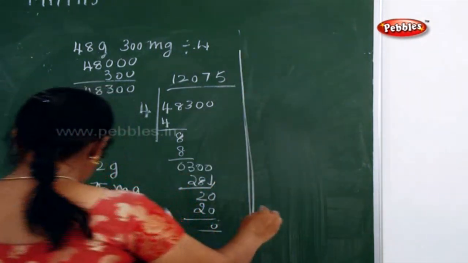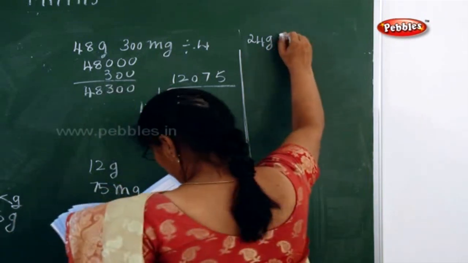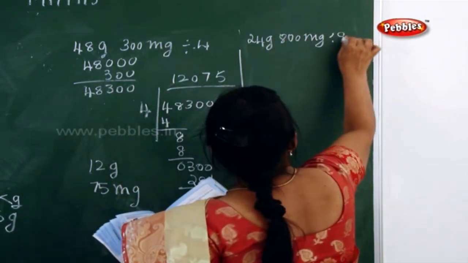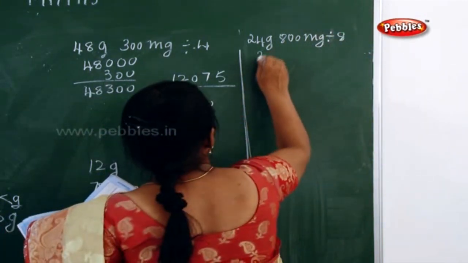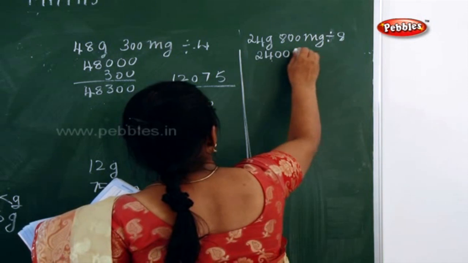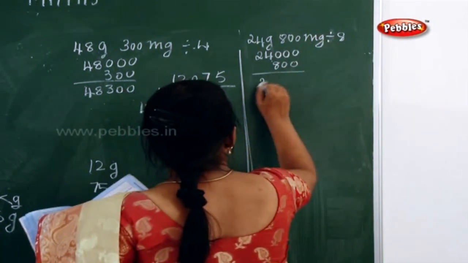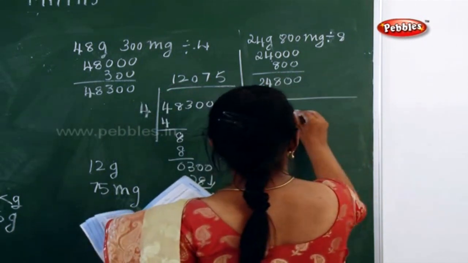Now next sum is your 24 gram and 800 mg divided by 8. Now what will you write? 24,000, because you are converting into mg, plus this 800, you get 24,800. So you have to divide it by 8.